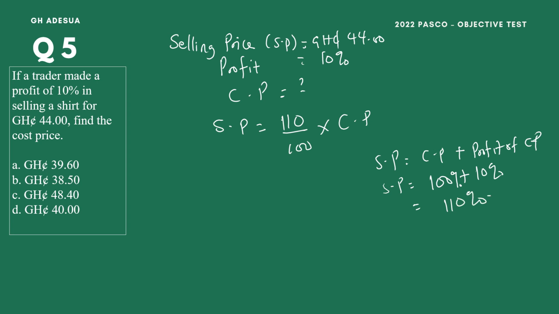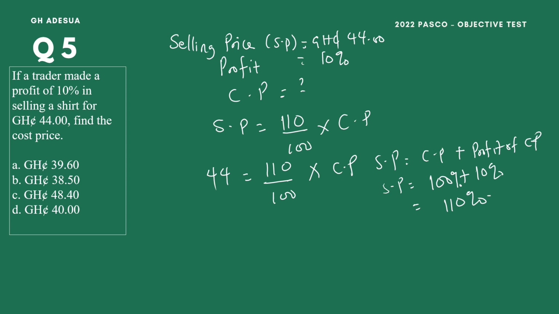So inputting that, we now know that our actual selling price that we are aware of, that is the 44 Ghana cedis, equal to the 110 over 100, that is the 110% with regards to the 10% increment or the 10% profit margin that he made times the cost price.